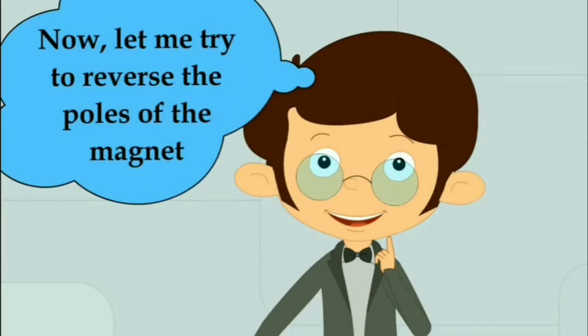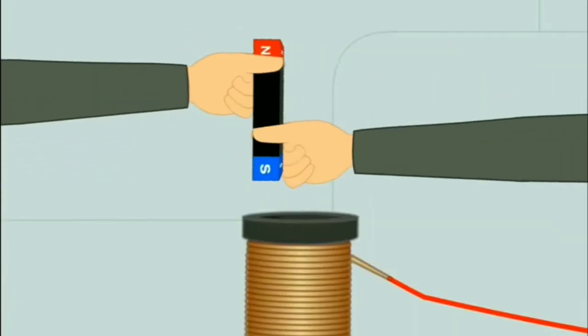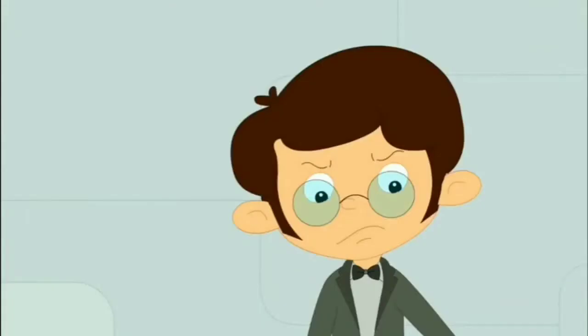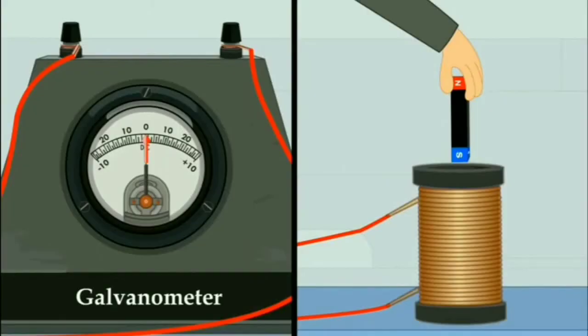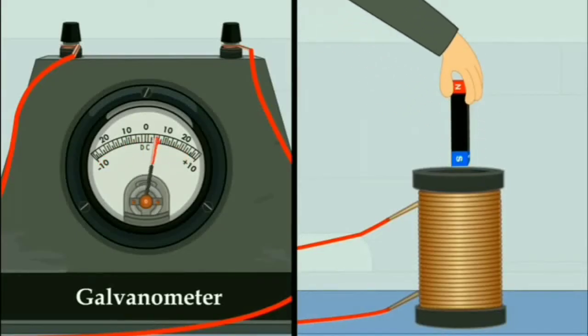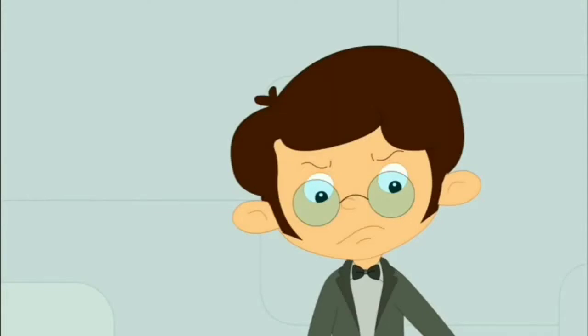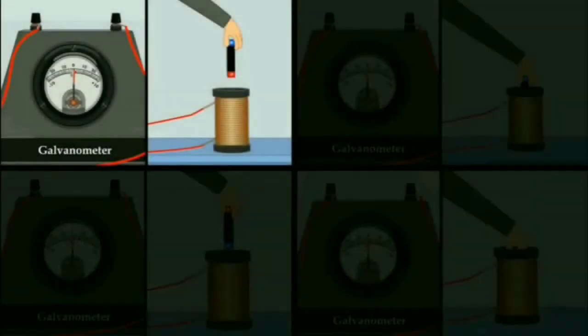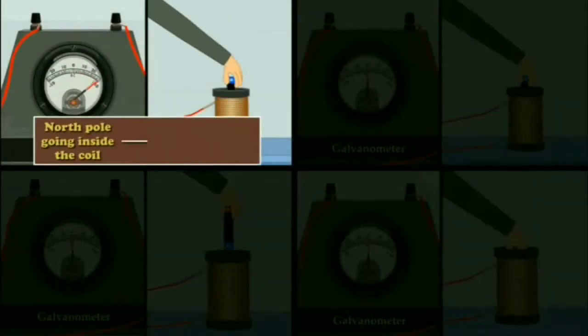So he tried to reverse the poles of the magnet. Faraday repeated the experiment: he made the magnet enter the coil and then took the magnet out of the coil. He found the galvanometer to show deflection in both directions. So the following points were concluded.